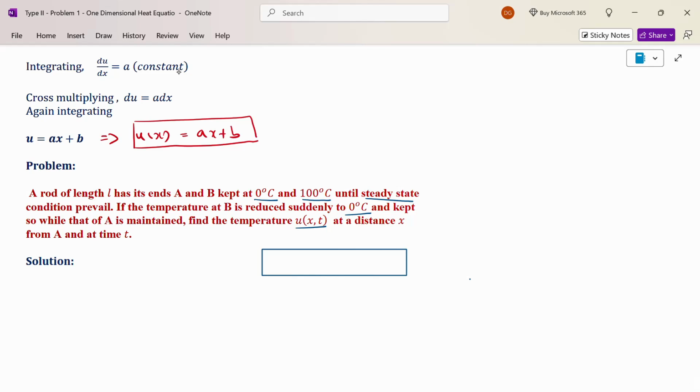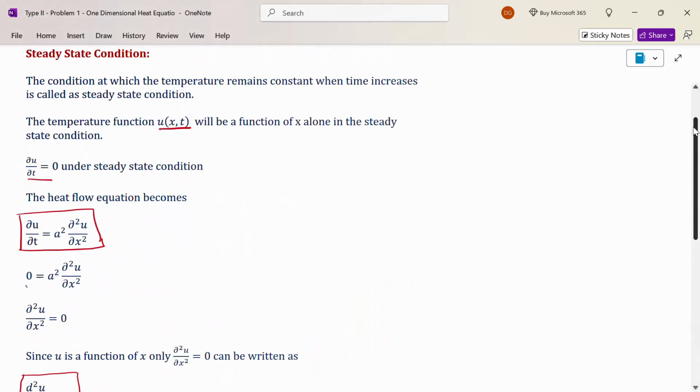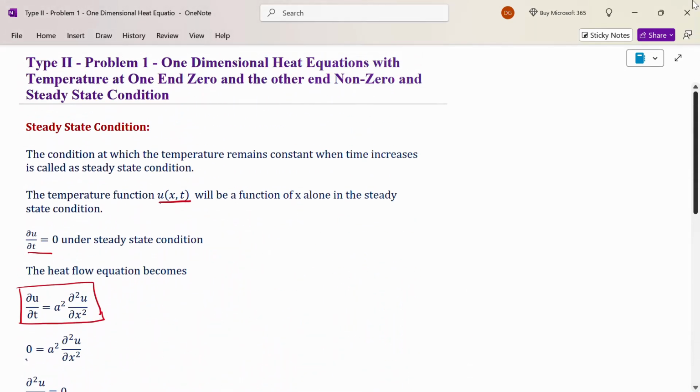Now here, what is the condition? A rod of length L is given, with 0 degree Celsius and 100 degree Celsius until the steady state condition. The steady state condition is that when the time increases, the temperature remains constant.